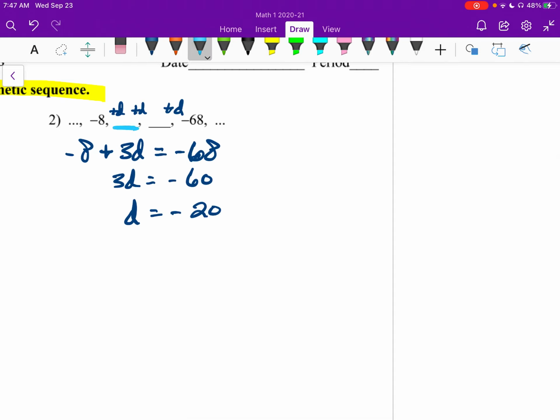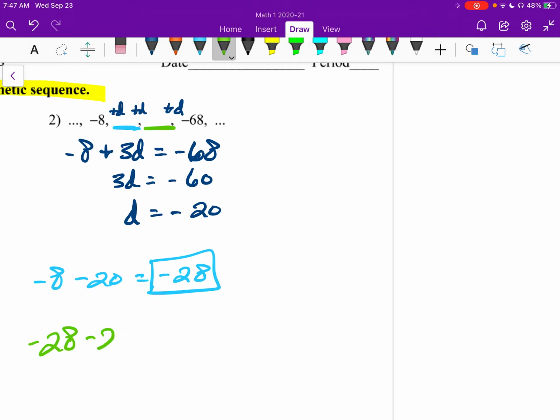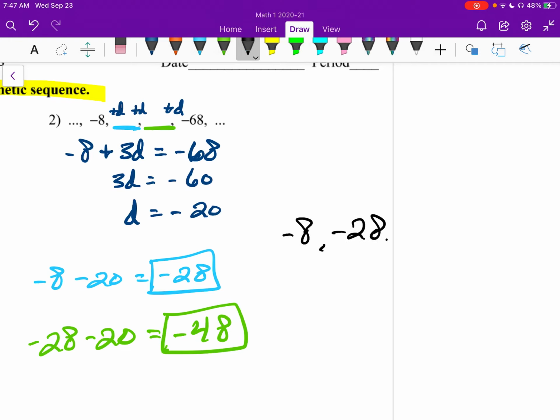So to get the first blank, I'm going to take negative 8 minus 20, which gives me negative 28. And then to find the second blank, I take negative 28 minus 20, and I get negative 48. So my sequence would read negative 8, negative 28, negative 48, negative 68, if I were to actually write them in order.